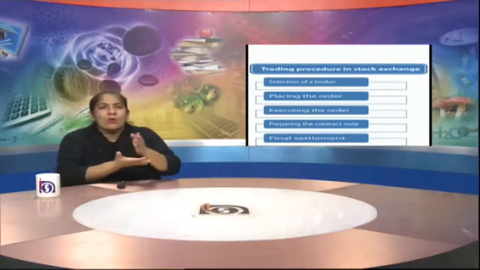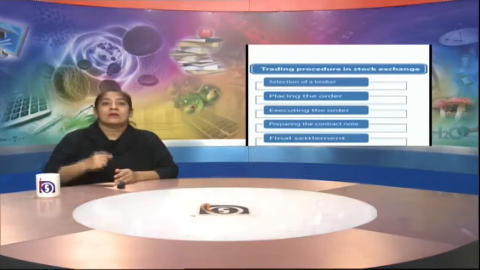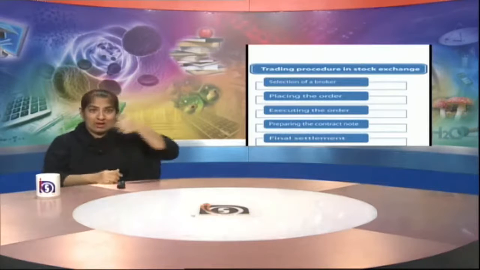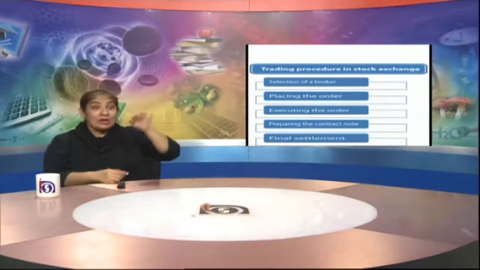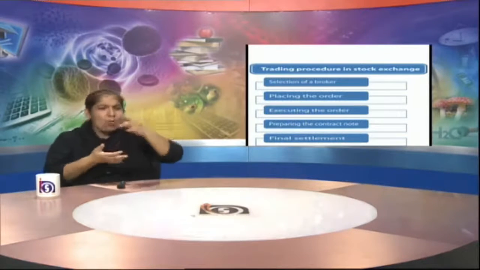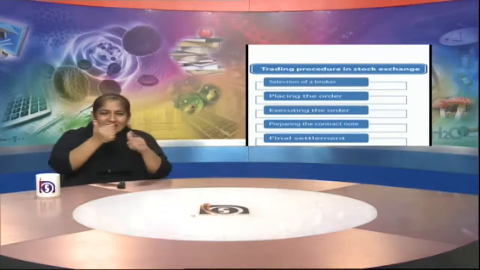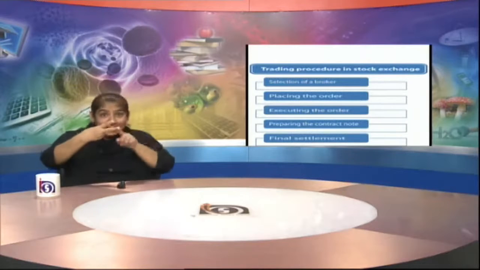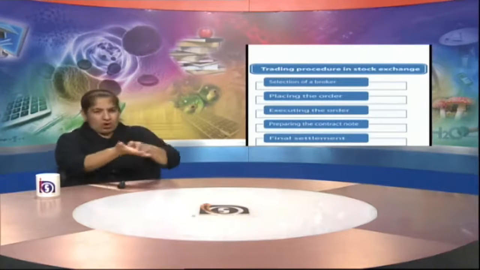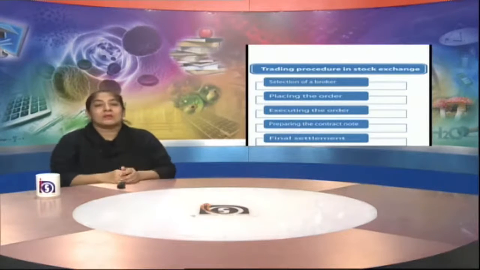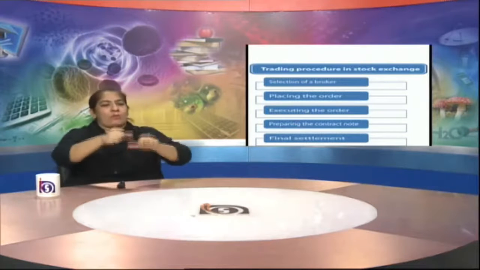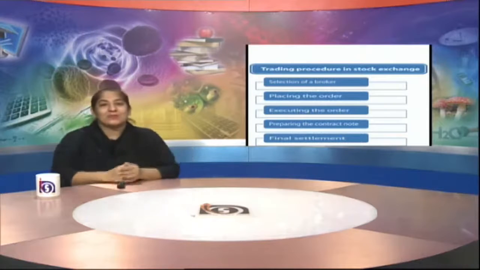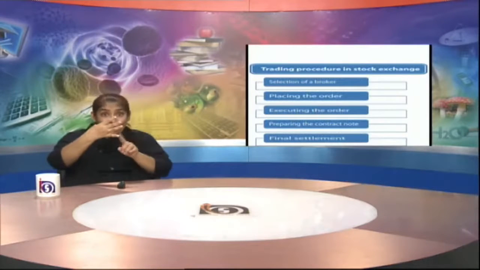Let us now understand the trading procedures in the stock exchange. The first one is selection of a broker. Whatever amount of investment or capital you invest, this is the first procedure. The second is to place the order, and after placing the order we have to execute the order.